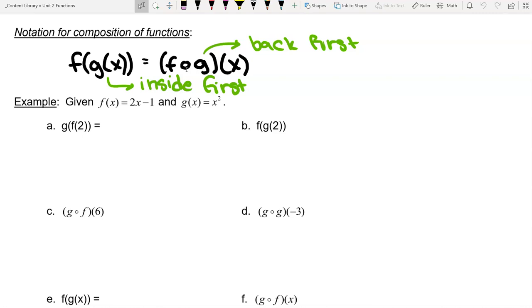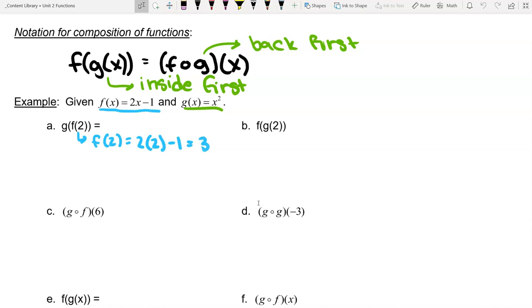All right, so we're going to jump in. I'm going to use blue for f and green for g. You start inside out for this type of notation. So you start with f of 2. I'm going to write f of 2 and do what I did up top and plug it into the f function. So 2 parentheses 2 minus 1, which gets a number, 3.